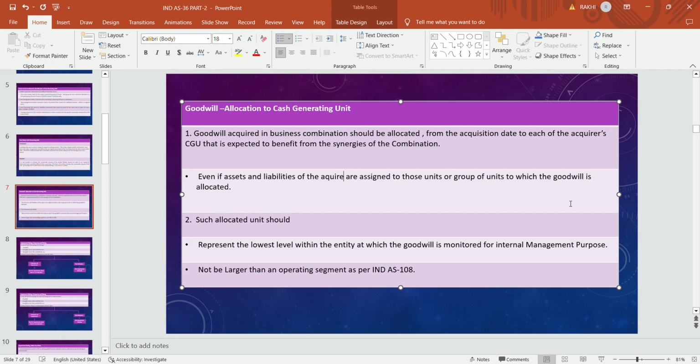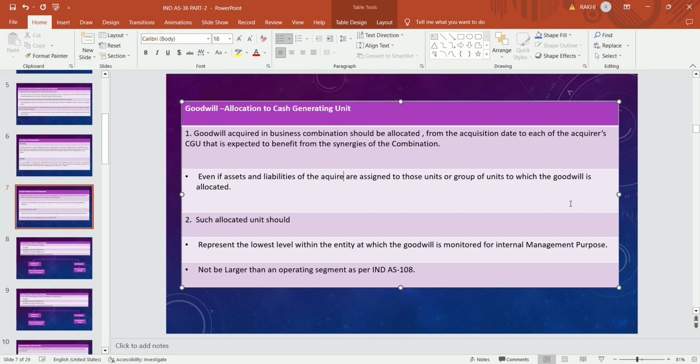So that goodwill is to be synergized with the combination, and that much is to be allocated to the cash generating units of the acquirer company, like factory A, factory B, factory C, factory D. Whatever the number of factories, their goodwill is to be allocated.